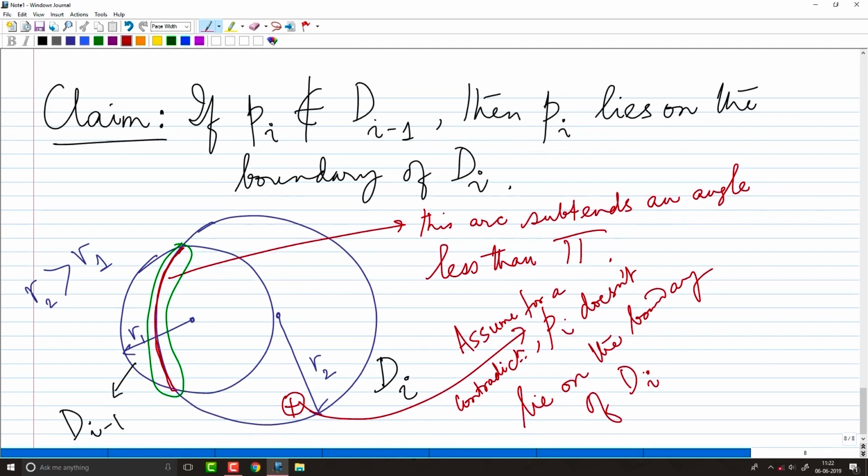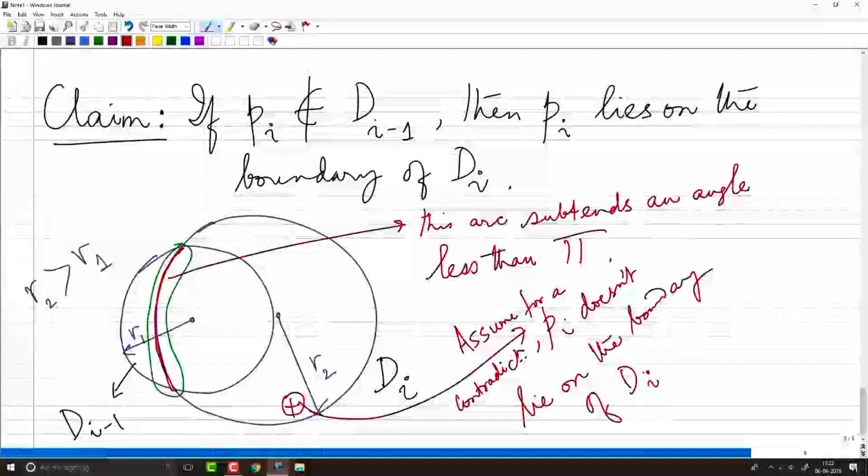But then the 3 points that should define the boundary of Di should come from Pi minus 1 only, right, you agree? Pi, which is outside of this capital Pi minus 1, is not defining your Di. So, whatever Di has to be defined by, 3 points, these 3 points have to come from Pi minus 1, and they lie on the boundary, so they can be here.